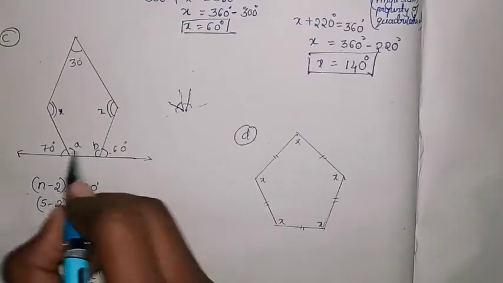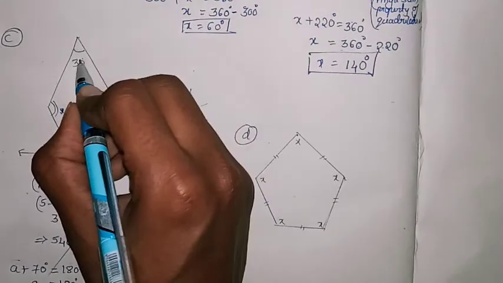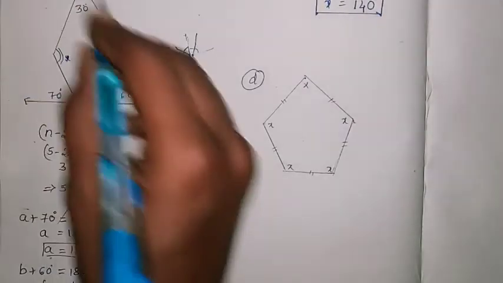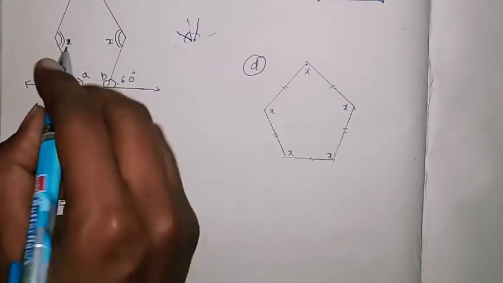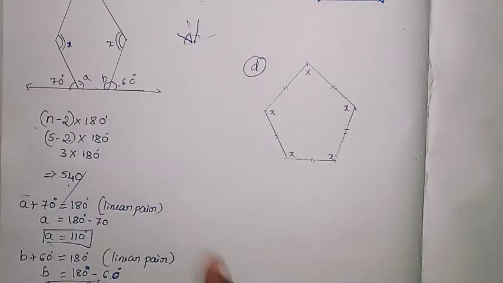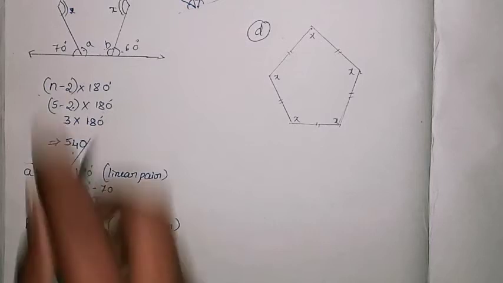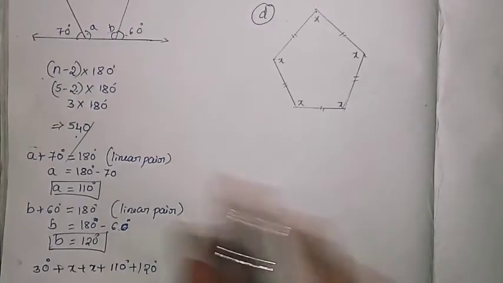That means in the diagram we got A and B. We have x and x, which are equal to each other, and this one is 30 degrees. Now we can apply the angle sum property of a pentagon. The sum of the interior angles is equal to 540 degrees. So the sum of the angles is 30 plus 30 degrees plus x plus A, which we found is 110 degrees, plus B, which is 120 degrees.